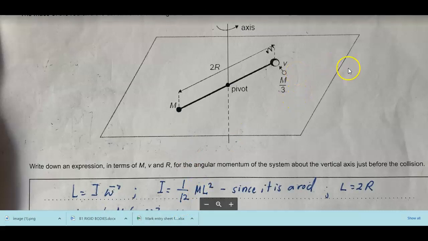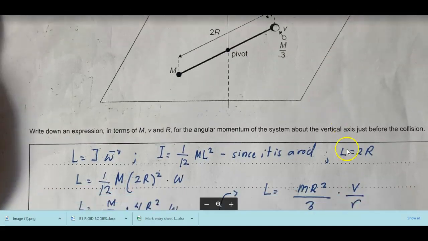Therefore, we are assuming that this is one system. Thus, we are using 1 over 12 as we will be able to check from our previous notes that the moment of inertia of a rigid bar is equal to this. Now, we know that your L here is equal to 2R. So therefore, we will also represent L is equal to 2R.